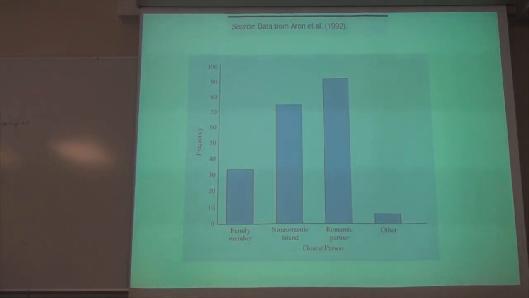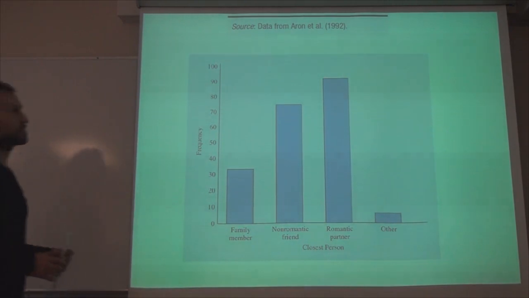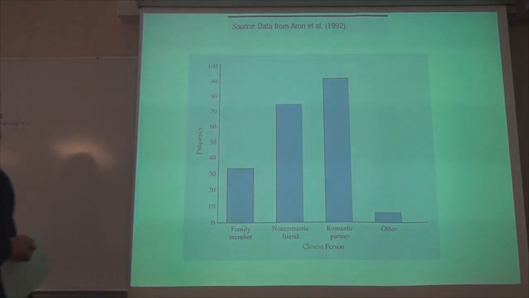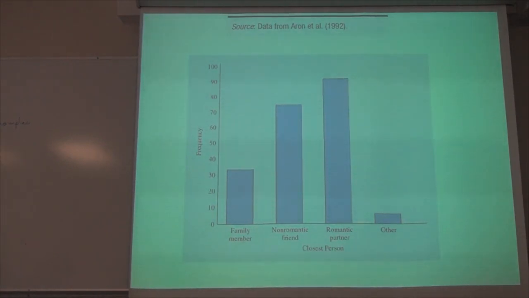So it still visually represents the information just as effectively as a histogram. It's just a different type of variable. Where we see here, oh, these middle ones, the friend or romantic partner was the most popular pair of choices. Any questions on that?